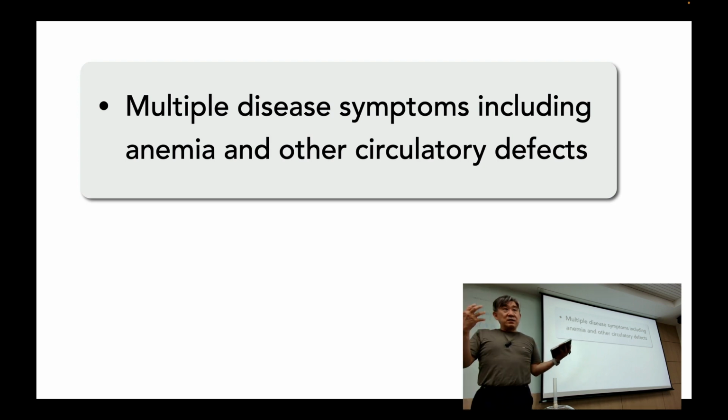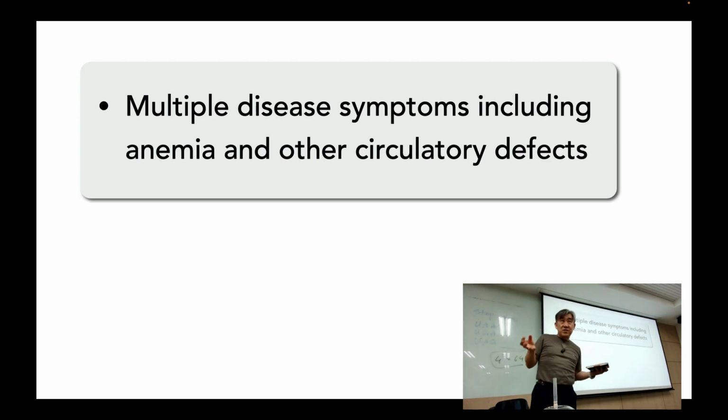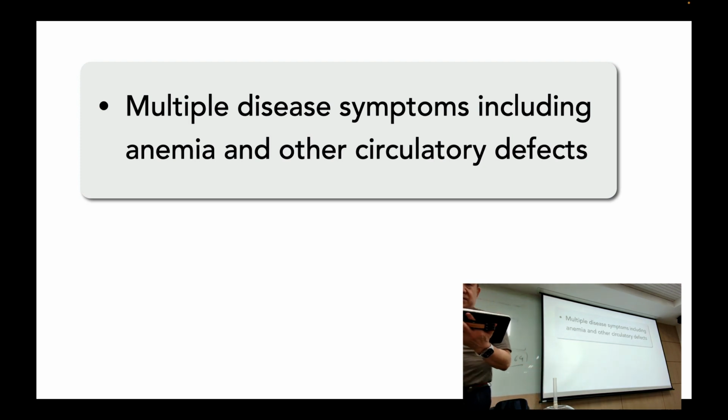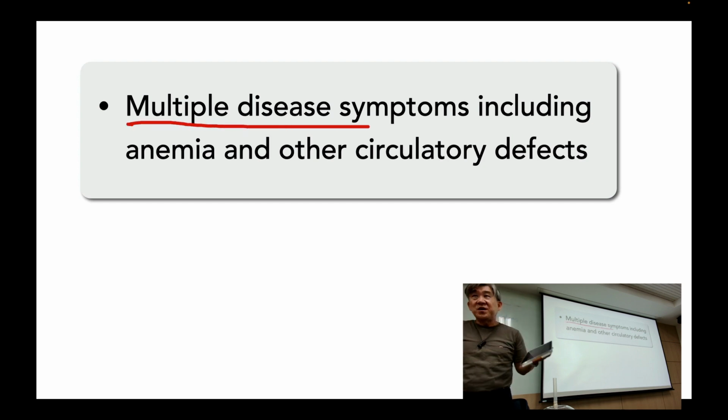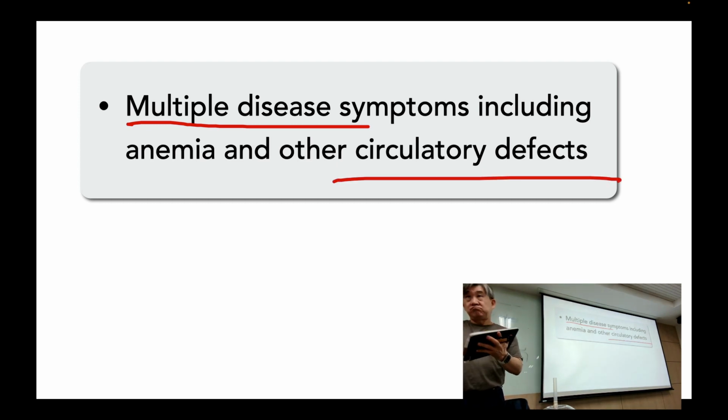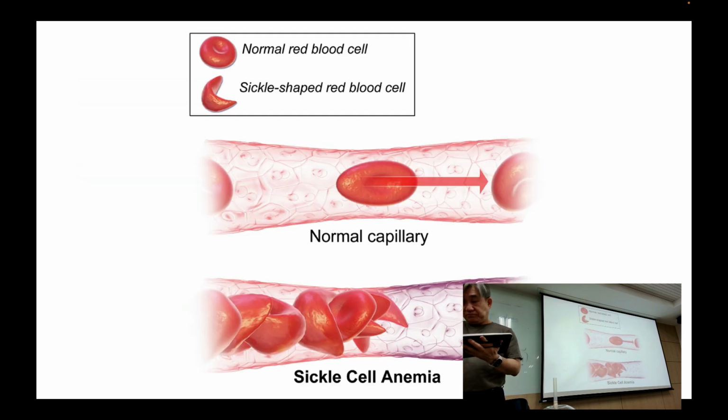The blood supply is so critical in many different functions of yourself. So it's not only one single disease from a lack of blood supply. You have many diverse, different disease symptoms that result from this defect of the blood supply, the circulatory system.